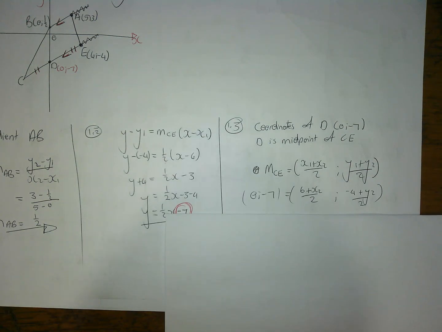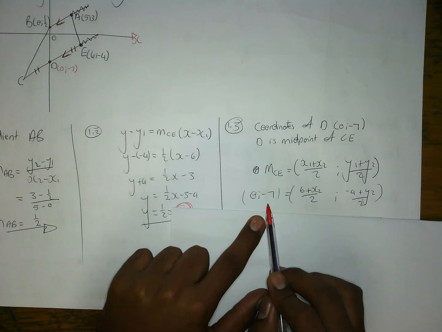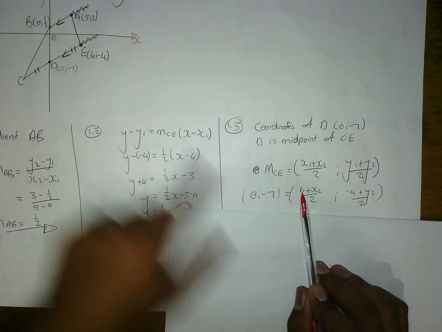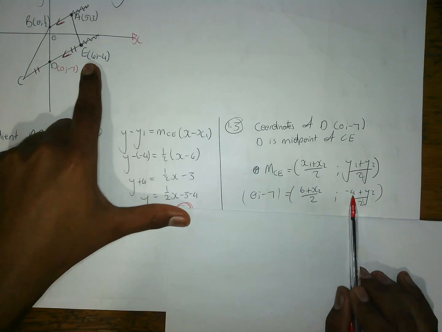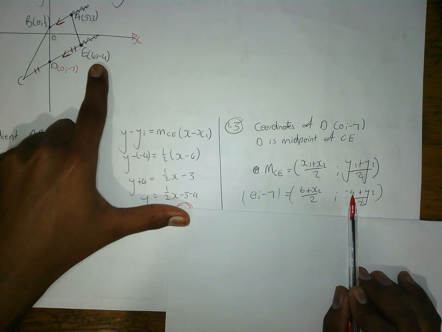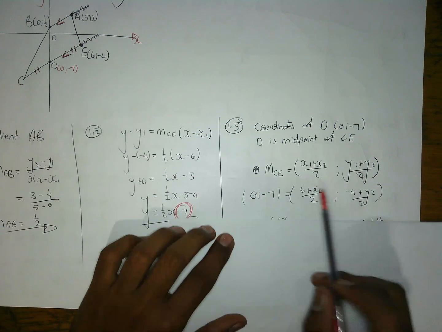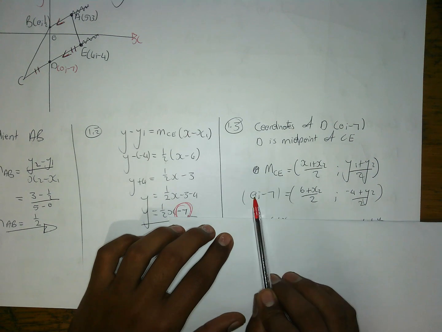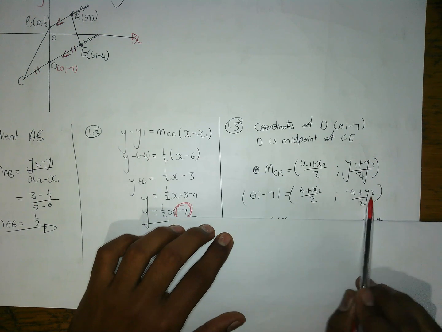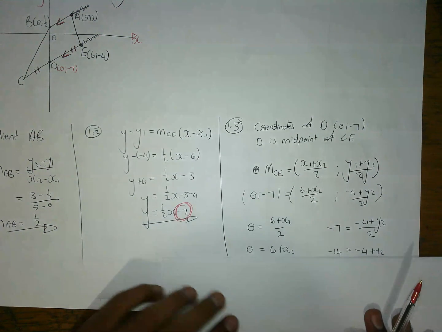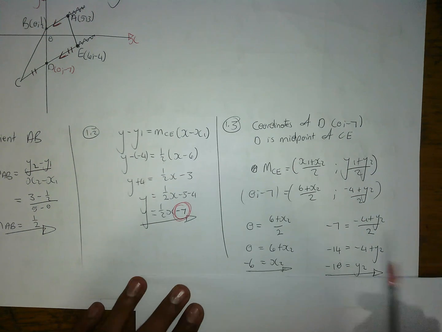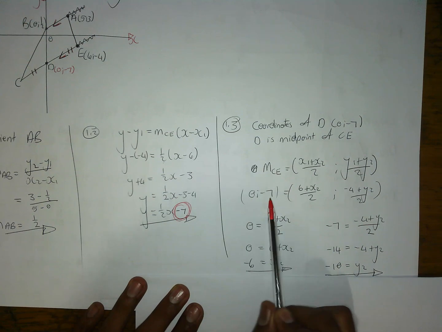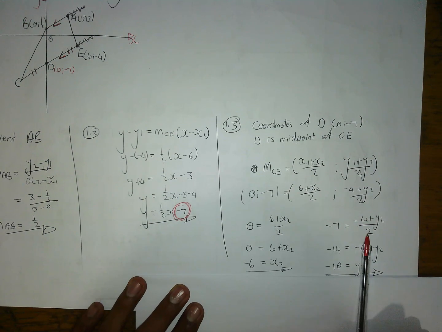We have our coordinates. So this is the coordinate of D. This is my x value of my E. This is my y value of my E. Then all I must do is put this with my 0. The x coordinates go together and then the y coordinates go together. So then I get them alone. This is with my 0, with my x coordinate there. -7 is with my y coordinates.